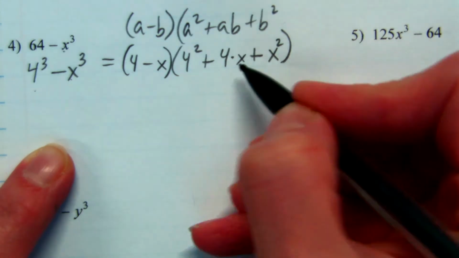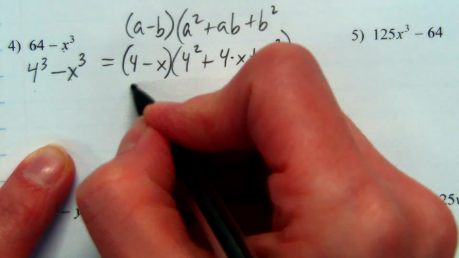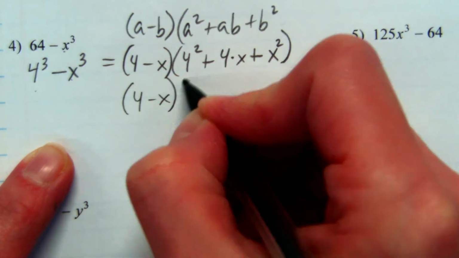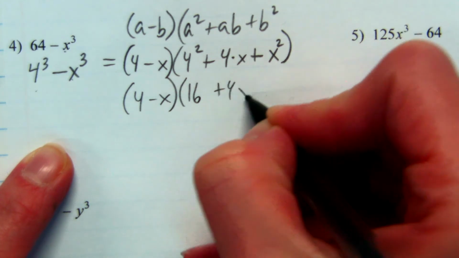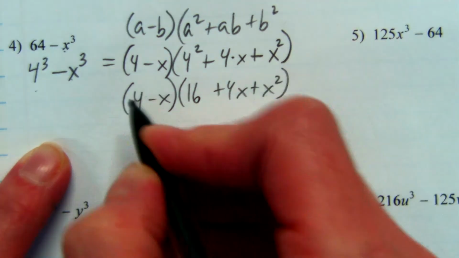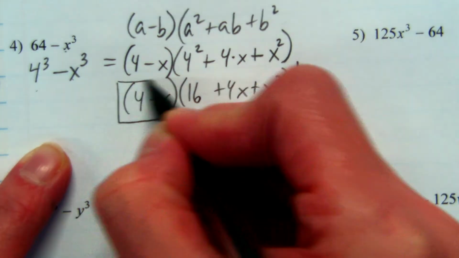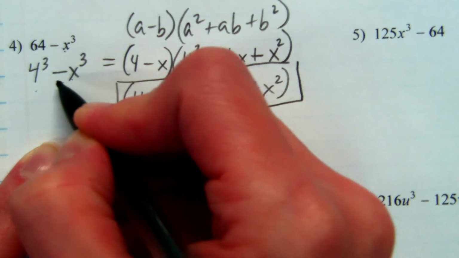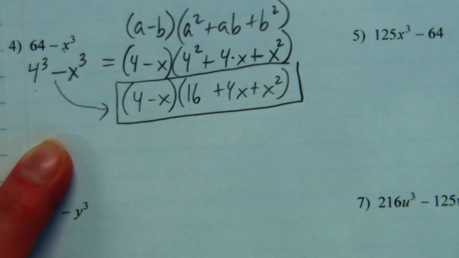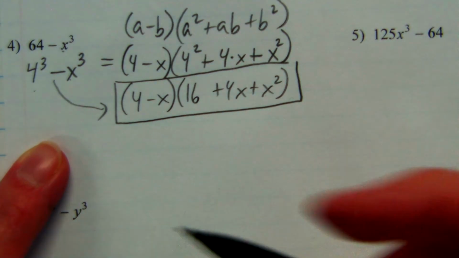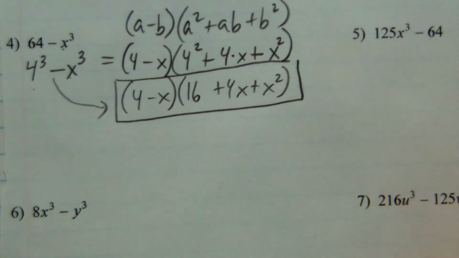And then the only other thing you could do with this is go in and do the squared. So I can make that 16, make that 4x and x squared. After you do a few, you might be able to skip from here to here. But I still like to write it out, otherwise I make mistakes. Maybe that's just me.